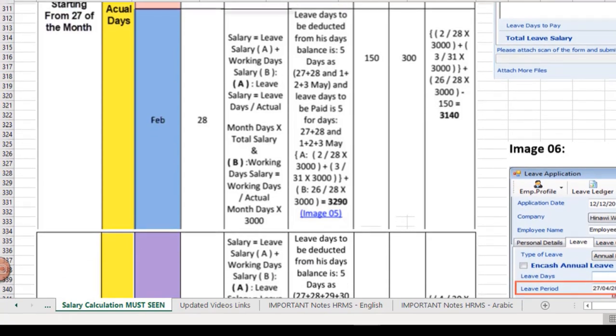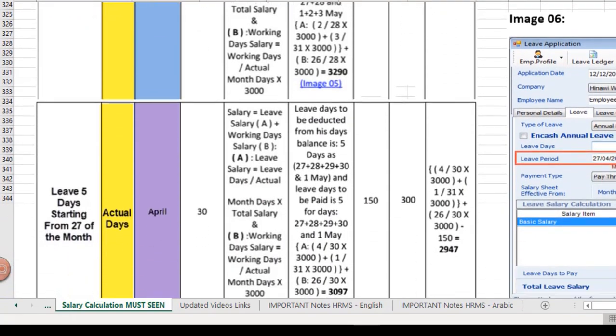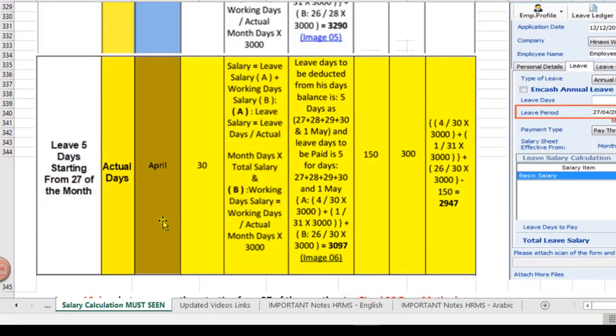in total. And lastly, let's look here at the actual month days of April, when there are 5 days of leave starting from 27. So the leave days to be deducted from the days balance are 5, since they are 27, 28, 29, 30, and the last day is from May.